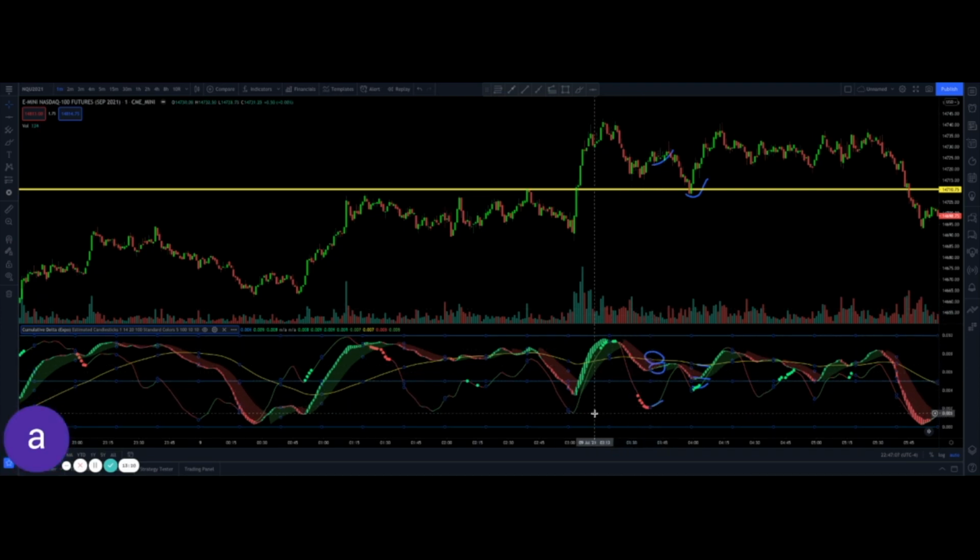All right, and I guess the last thing to cover is, this is a good example right here. You see how the confirmation line, the yellow line, stays in the bulls territory while the candlesticks, which show the trend, go into the bears? You want to make sure that you're going off of the confirmation line.